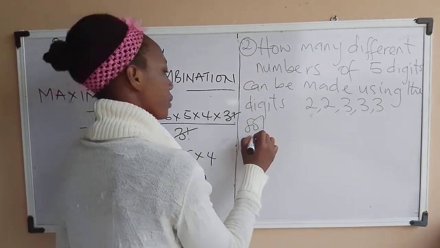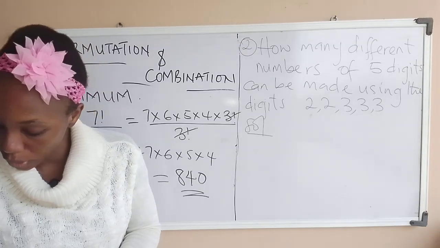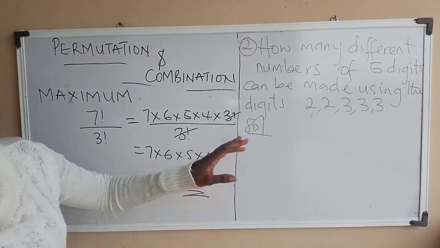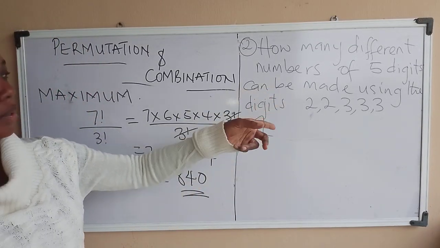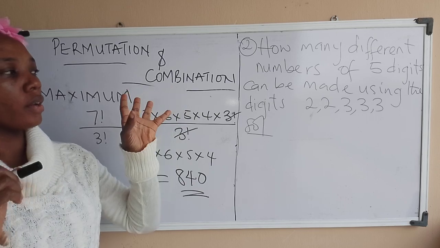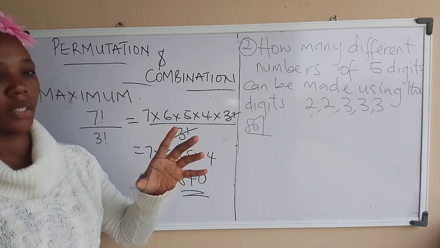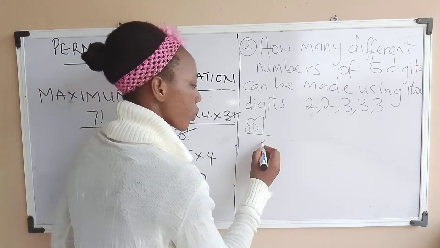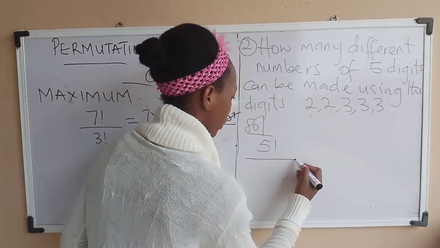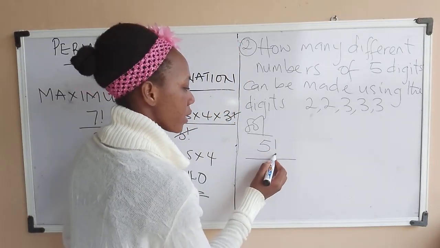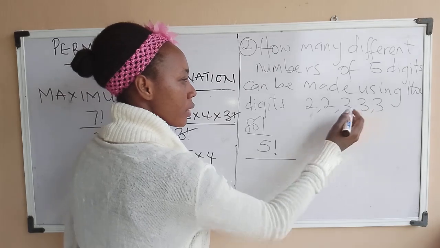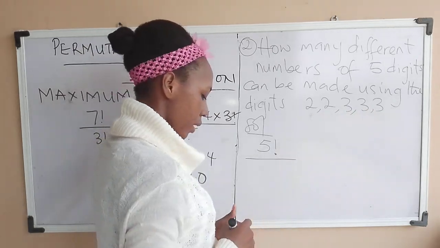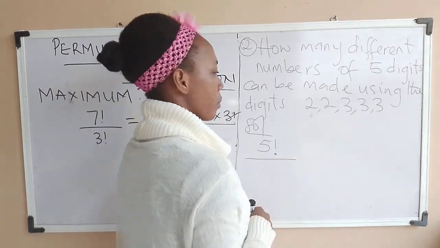So solution. In order for us to solve this, how many different numbers of 5 digits can be made using the digits 22333? Now they said 5 digits, so that's our total. Are you getting it? Then we have these numbers appearing as many times as possible.